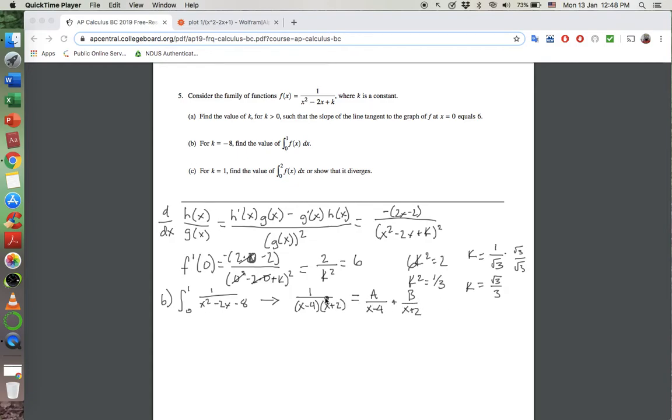And so now we need to solve for A and B. All right, so that equals 1. We're going to multiply by our denominators. So we're going to get 1 is equal to A times x plus 2. And we're going to add to that B times x minus 4.